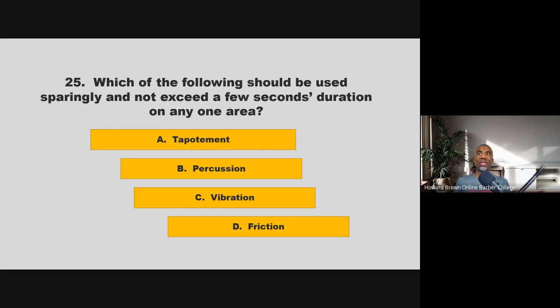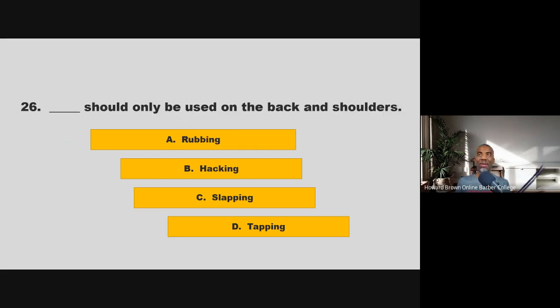Which of the following should be used sparingly and not exceed a few seconds duration on any one area? Is it tapotement, percussion, vibration, or friction? If you chose C, vibration, you are correct.